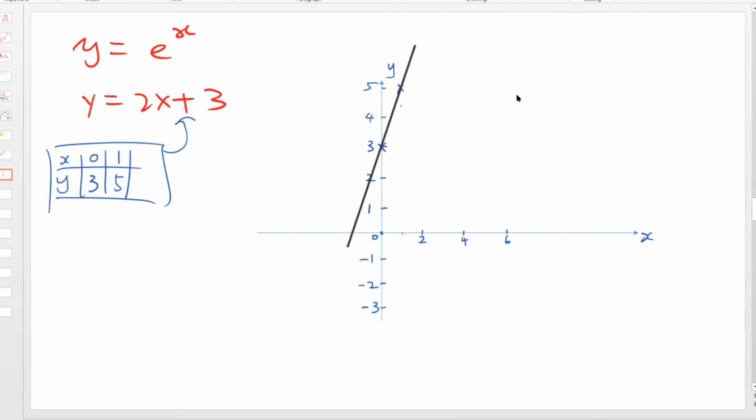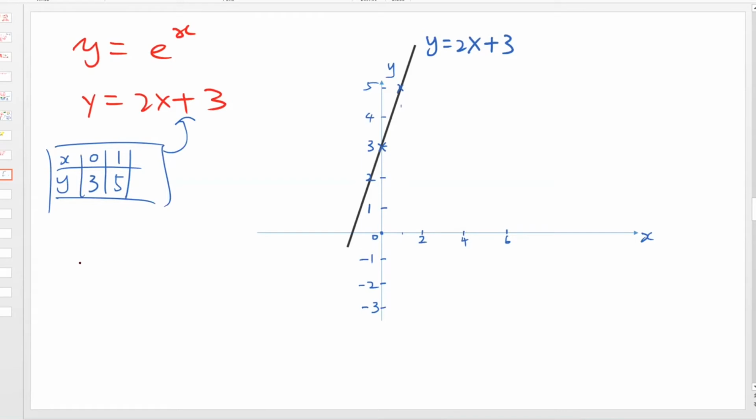Roughly this is the way to sketch the linear equation. After you sketch it, you need to write down this. So you have completed sketching the linear equation. Now the same thing you need to do for your exponential.